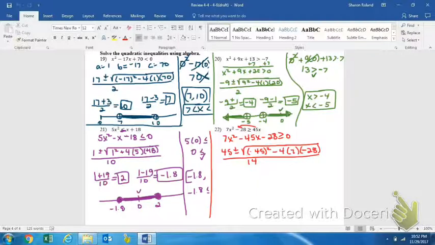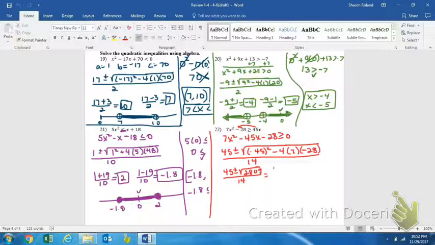So the discriminant is negative 45 squared minus 4 times 7 times negative 28, and you get 2,809. Square root of 2,809 is 53.